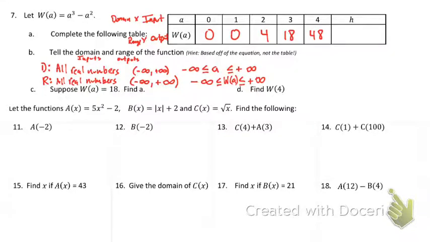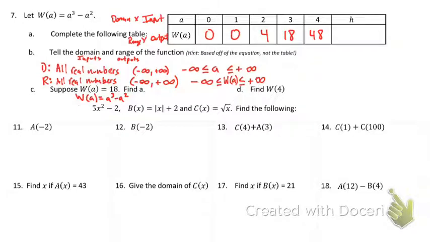All right, so let's go ahead and do example C. C says, suppose W(A) is equal to 18. So we're going to look at the equation. Our equation is this: W(A) is equal to A to the third minus A to the second.